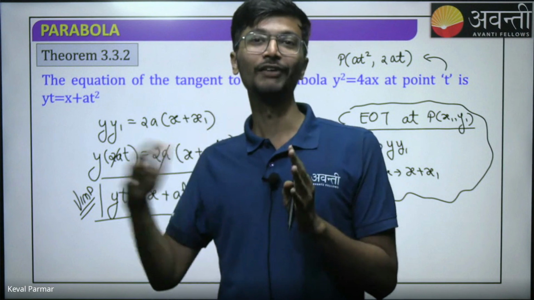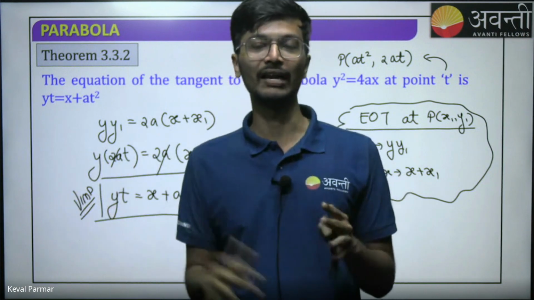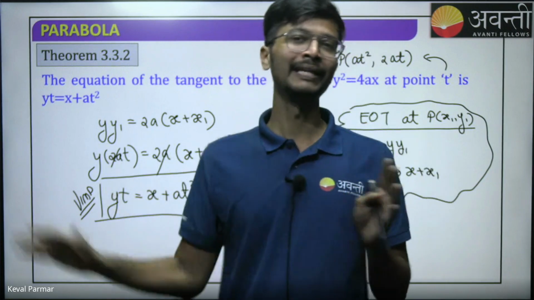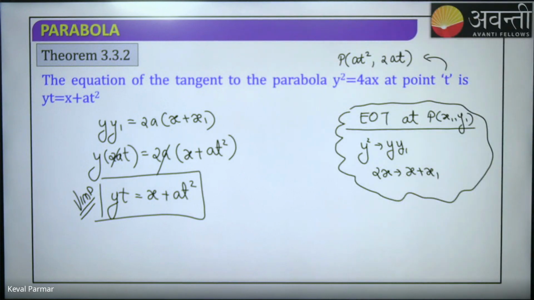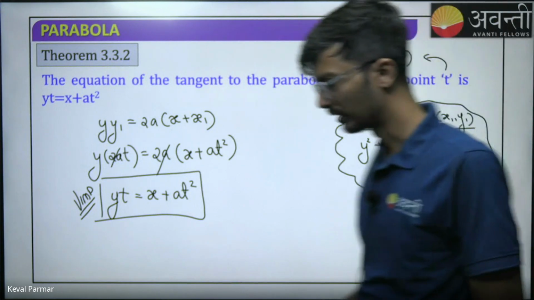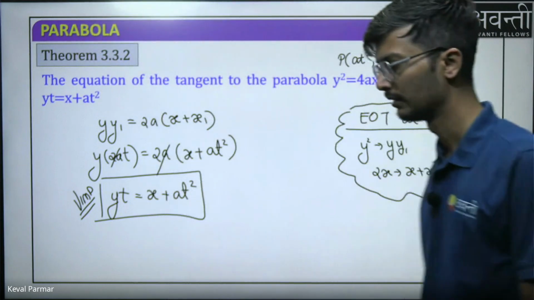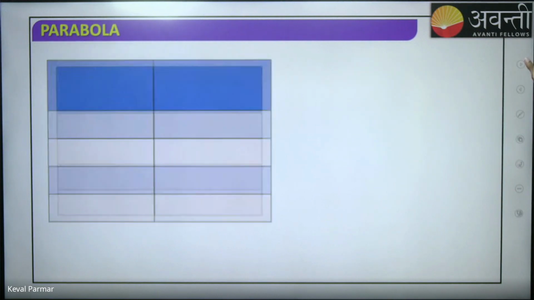If we save 1 minute in 3-4 questions, then we'll get 3-4 minutes extra. It is better to remember the equation because it is used in many questions. Is it clear, everyone? Someone joined. Okay, Girisha, is it clear? You just joined. Okay, fine. Chalo, let's move on to the next.